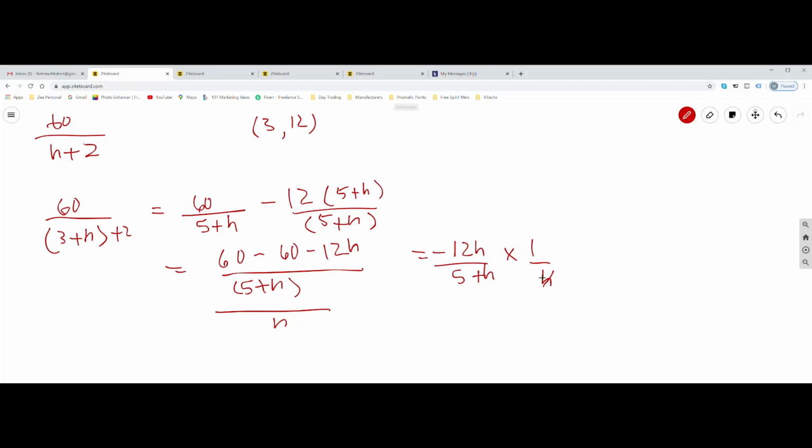So we get rid of this. We are left with negative 12 over 5 plus h. So if you substitute 0 for h, you're left with negative 12 over 5, which comes up to negative 2.4. Okay, so now the next question.